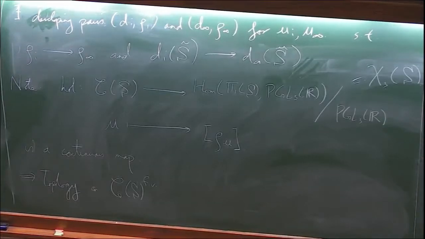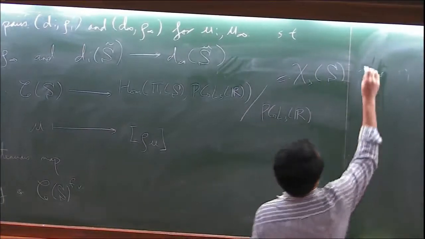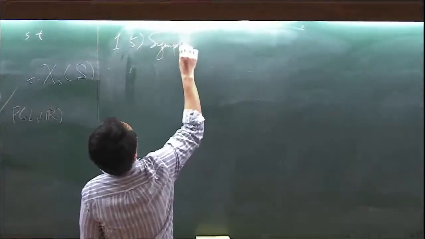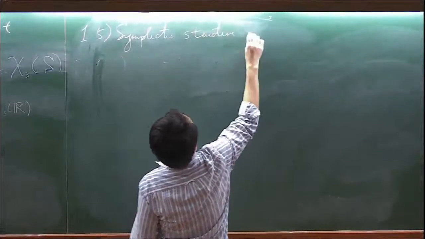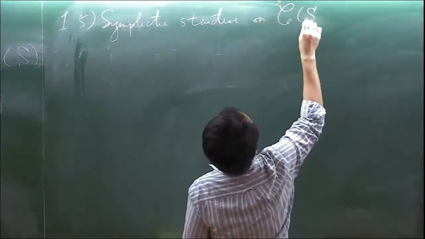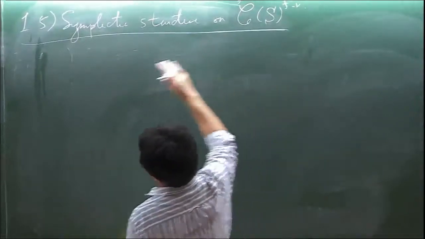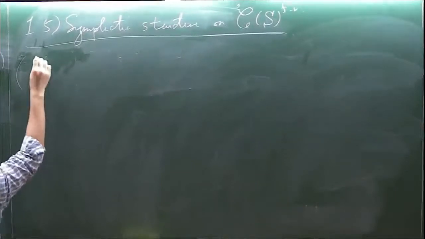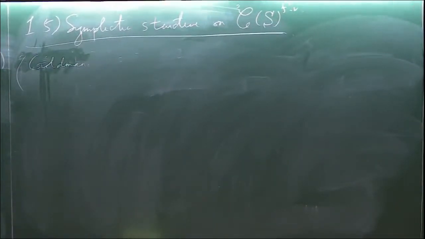Okay, so now the symplectic structure. What section is this now? 1.5. Okay, so the way I'm going to describe it is largely following the work of Goldman, who described this in the case when S is compact.